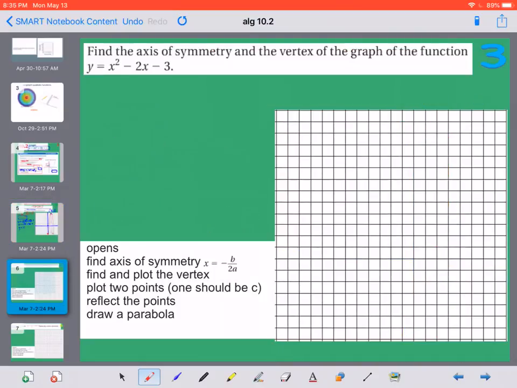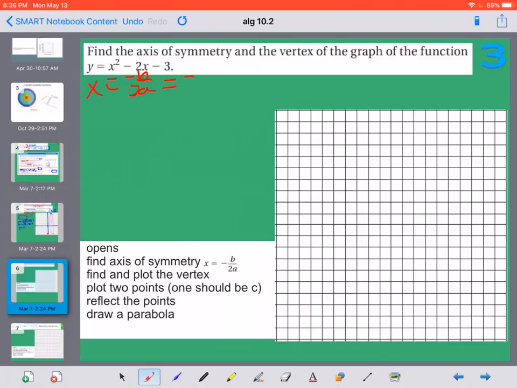All right, next one, find the axis of symmetry and the vertex of the graph of y equals x squared minus 2x minus 3. So we got to start with x equals negative b divided by 2a.